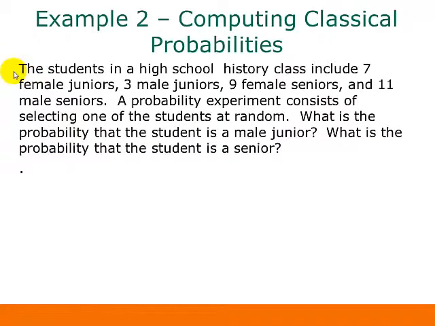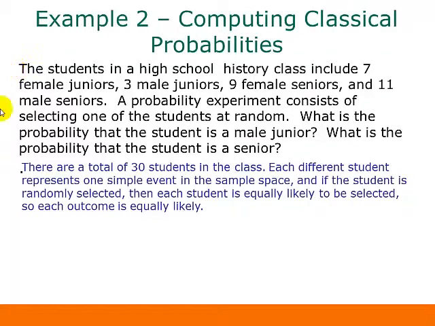Here's another example. The students in a high school history class include 7 female juniors, 3 male juniors, 9 female seniors, and 11 male seniors. A probability experiment consists of selecting one of the students at random. What is the probability that the student is a male junior? What is the probability that the student is a senior? Well, first of all, our sample space consists of all 30 students in the class.